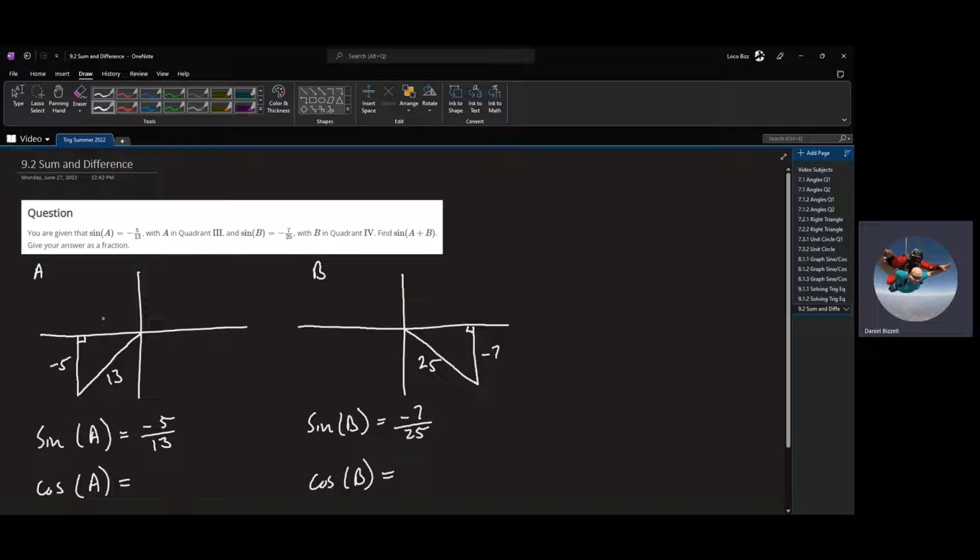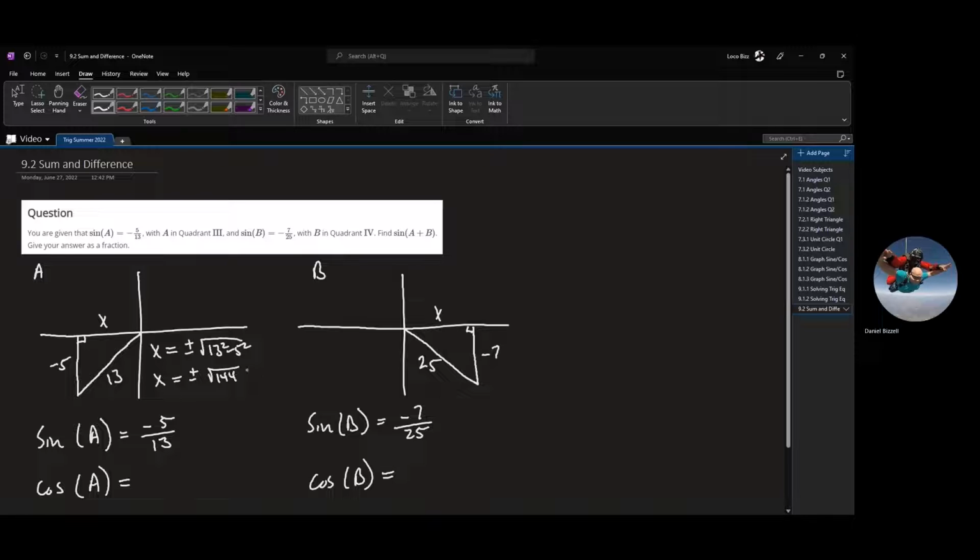So now we need to solve for x, which is our missing side. And we're going to do the same thing on this triangle. So x is equal to plus or minus the square root of 13 squared minus 5 squared, which means x is equal to plus or minus 12.